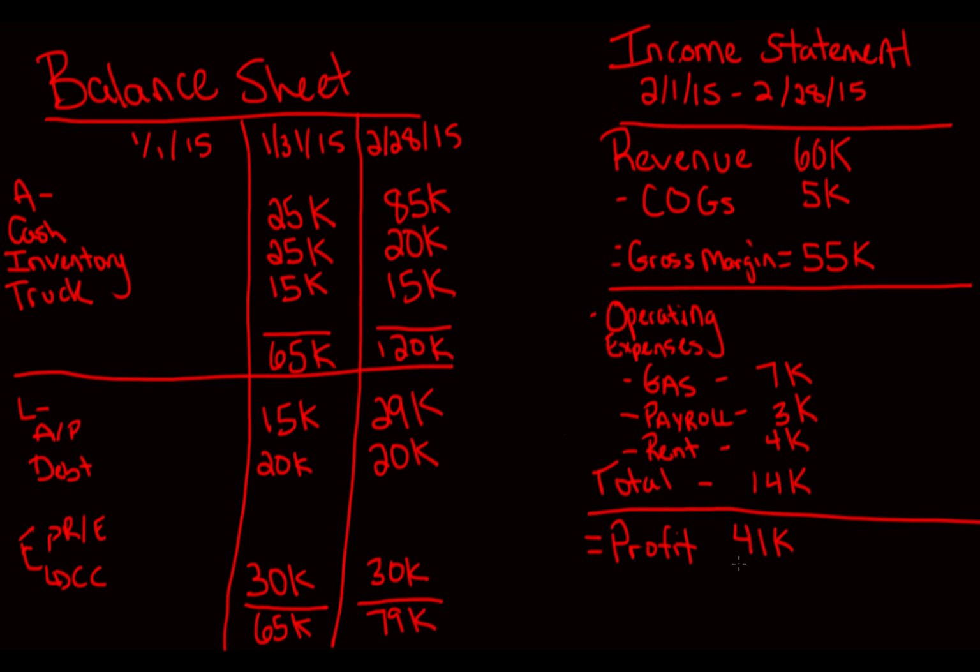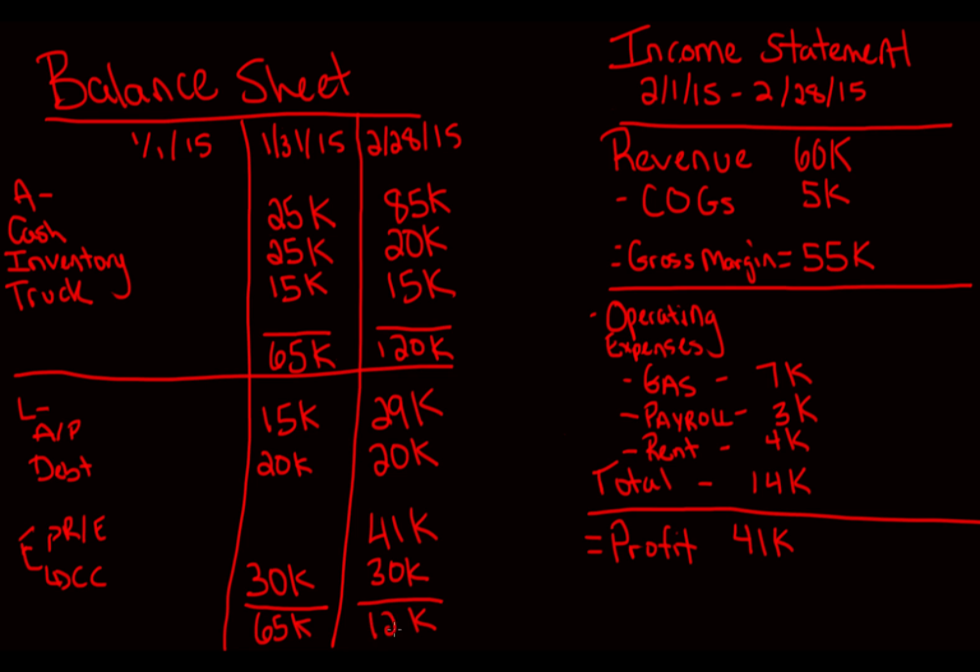So the profit of this $41,000, let's just say we reinvest all of it. What does that mean? Well, we don't give any to our owners. We just put it right back into our business. So that would be keeping this retained earnings, 41,000. We could have paid it out to our owners, who is ourselves. So I could have given myself 41,000, but I decided to put it back in the business.